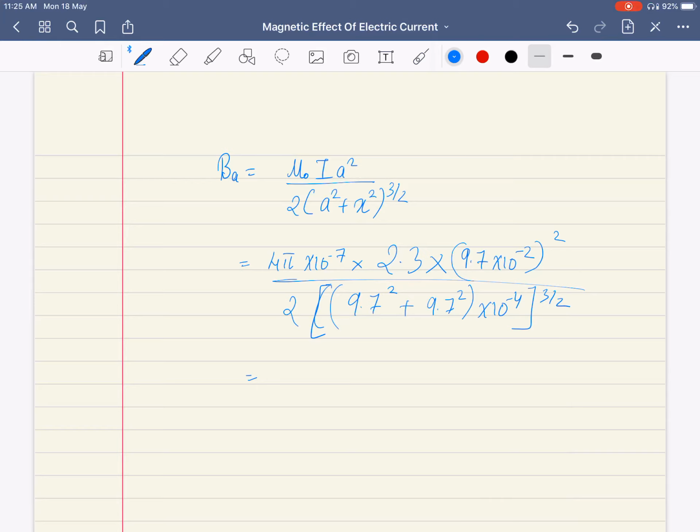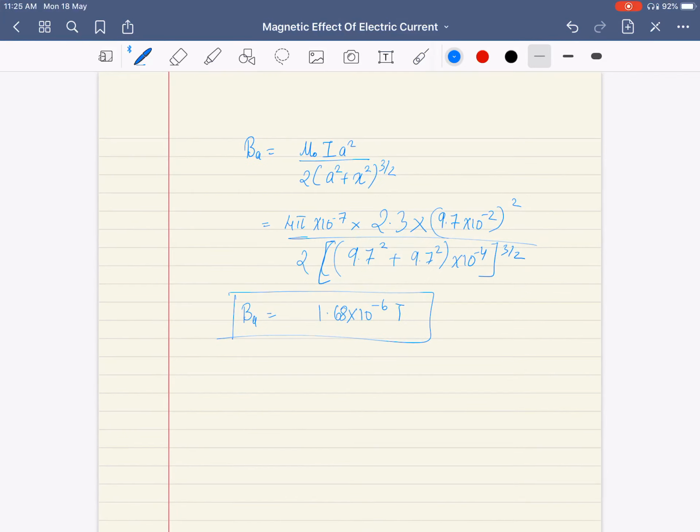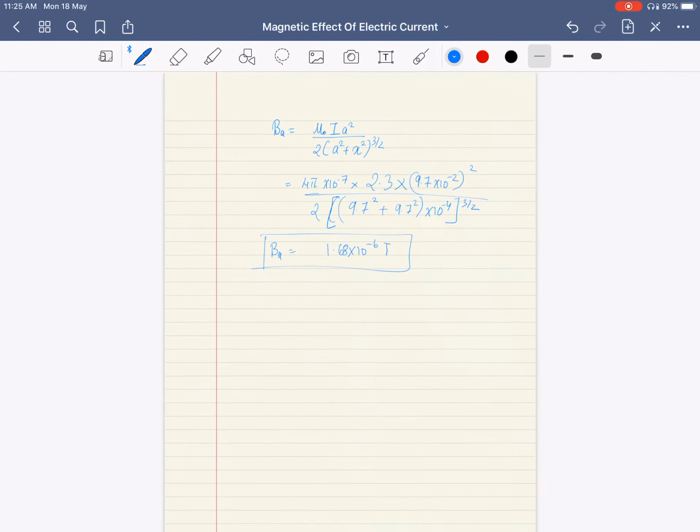It will come out as 1.68 into 10 raised to -6 Tesla. Okay, getting it clearly, we'll wind up for today. Just देख लो एक मिनट.